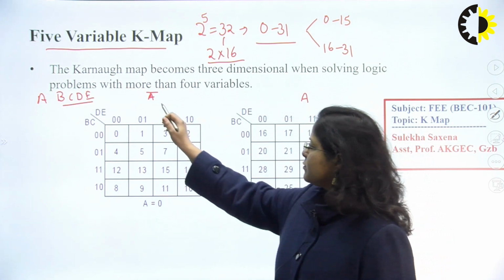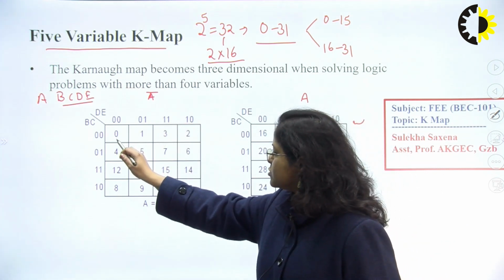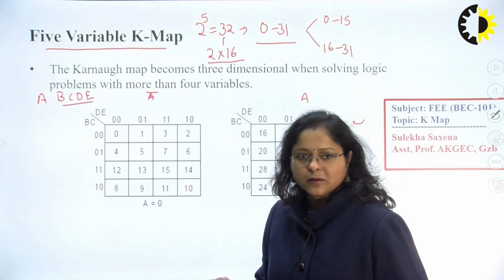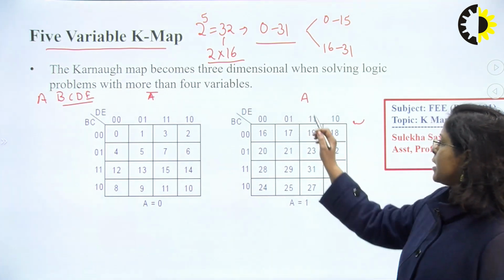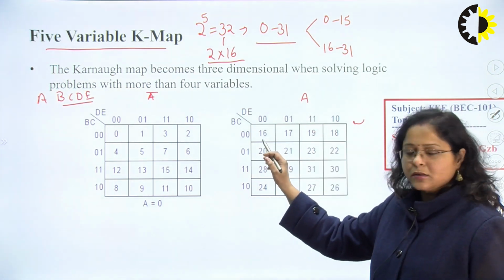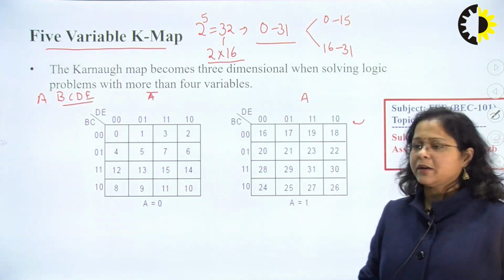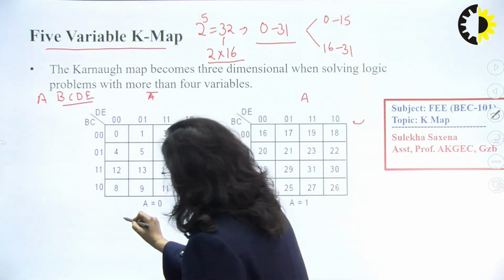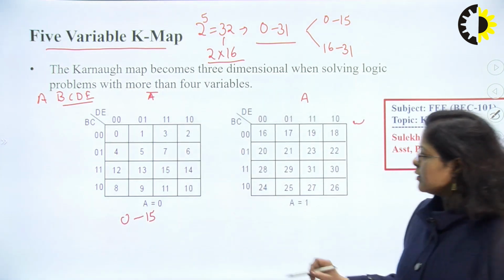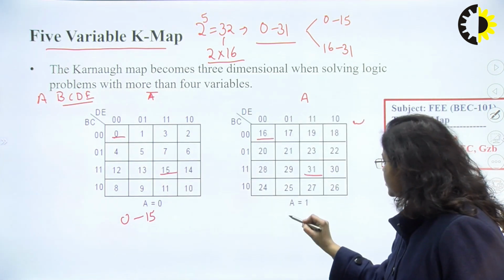For the first KMap, A will be 0, so it is 0, 0, 0, 0, that is 0, to 0, 1, 1, 1, 1, that is 15. For the second KMap, A equal to 1, so 1 and all 0, that is 16, and all 1, that is 31. So, the first KMap ranges from 0 to 15 and the second KMap ranges from 16 to 31.